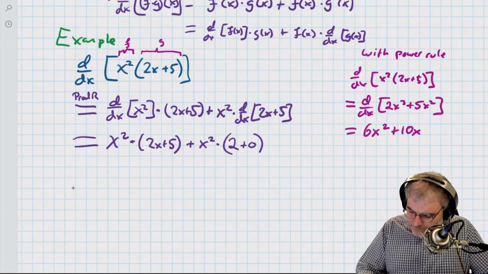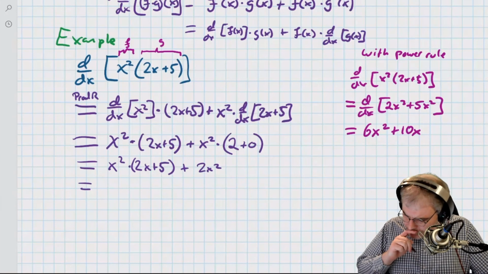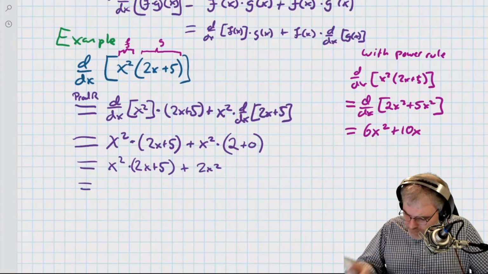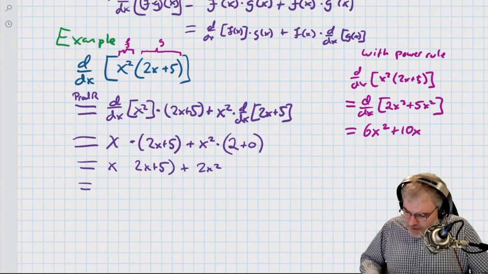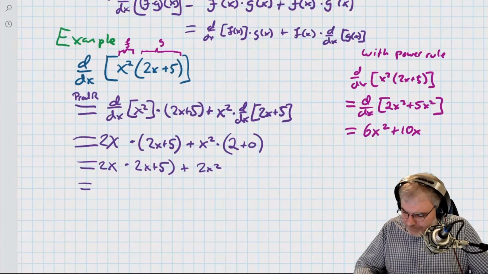All right. Well, that's going to equal x squared times 2x plus 5 plus 2x squared. I'm an idiot. This should be x to the first. Okay, there we go. The derivative of x squared is 2x. Duh. Okay.